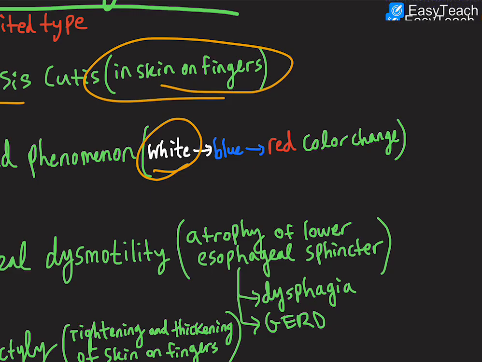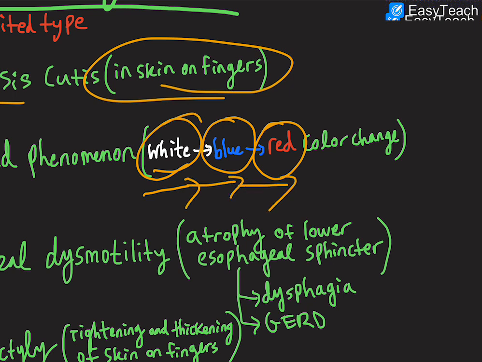Then, due to the ischemia, you would see cyanosis for a little bit, which would turn blue, where you see a blue hue in your fingers. Then once blood flow gets restored, you'd see the red color. So it's this color change due to blood flow changes, from white to blue to red.